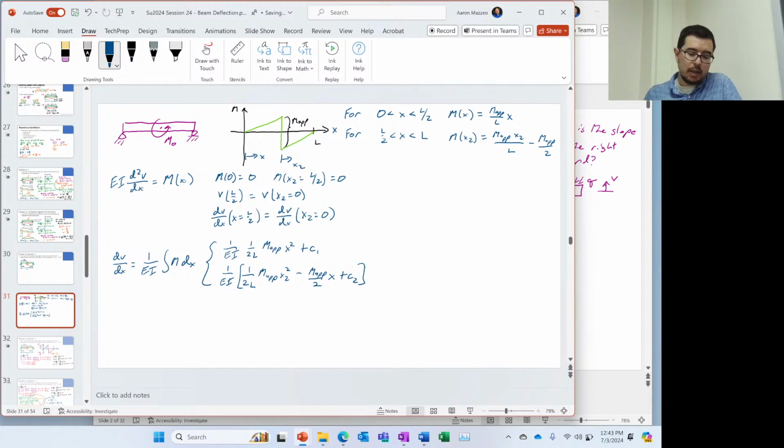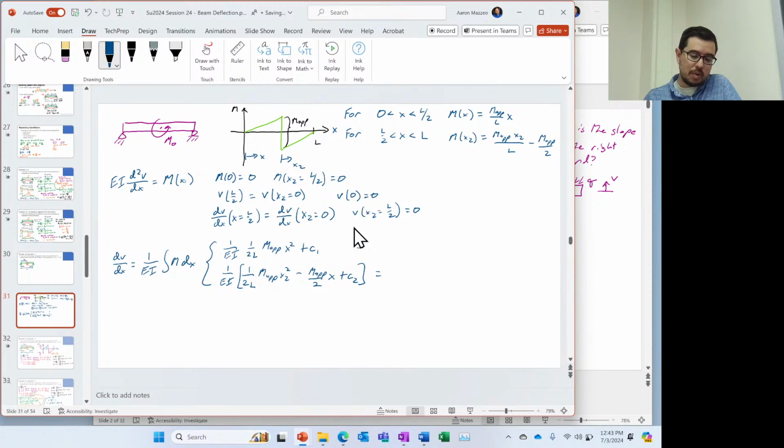Okay, we agree with this? So then now, what we can say here is that, oh yeah, that's the other thing. Oh, I'm making it hard on myself. Okay, v of 0 is equal to 0, and v of x2 equal to L over 2 is equal to 0. Sorry. Okay, I'm doing this on the fly, so please forgive me.